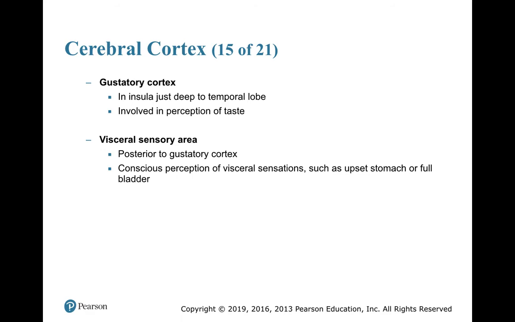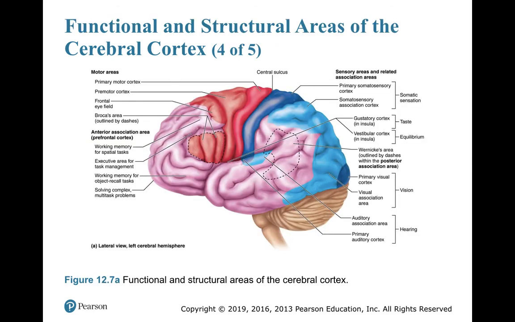Gustatory cortex is in the insula, deep to the temporal lobe. It's involved in our perception of taste, whether we like something or don't like something. The visceral sensory area is behind the gustatory cortex, and that's where we have conscious perception of sensations of our viscera, things like an upset stomach, a full bladder, and so on.